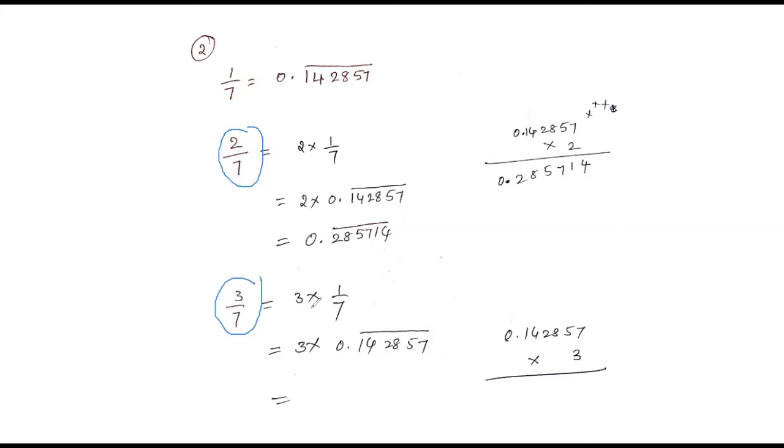Sir, done. Yeah, complete all, children. There are 5. Up to 6 by 7 is there. Please complete. We have to finish and write. 4 by 7 is also there, 5 by 7 we also have to do, and 6 by 7 also.